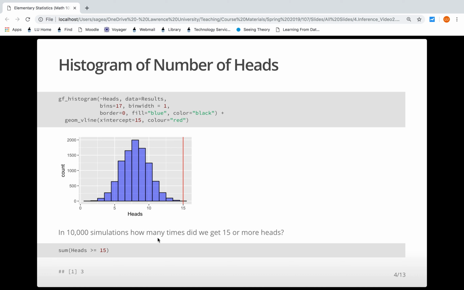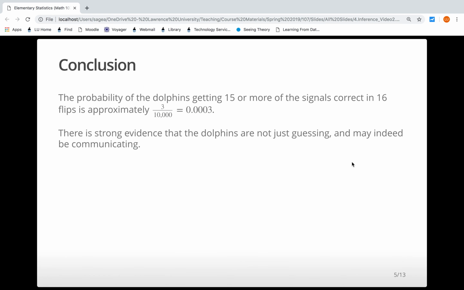In fact, out of the 10,000 simulations, we got 15 or more heads only 3 times. This suggests that it's pretty unlikely the dolphins would have gotten 15 or more of the signals correct in 16 flips if they were purely guessing.